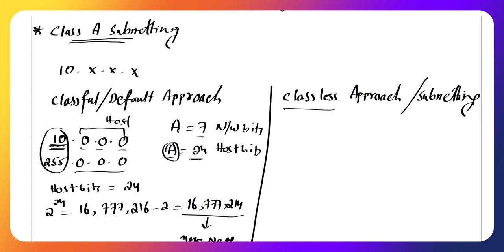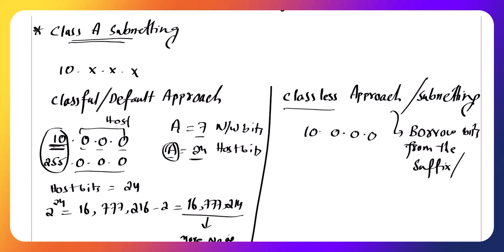Let's do that. For example, the IP address is 10.0.0.0. I want to borrow one single bit, and remember, in classless what are we doing? We borrow bits from the suffix, meaning from the host, and use them as prefix bits.